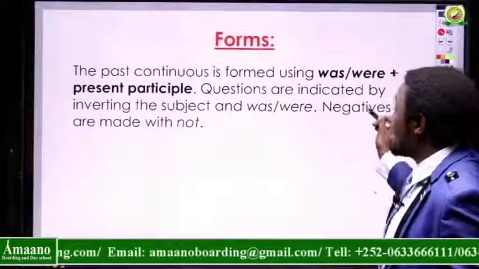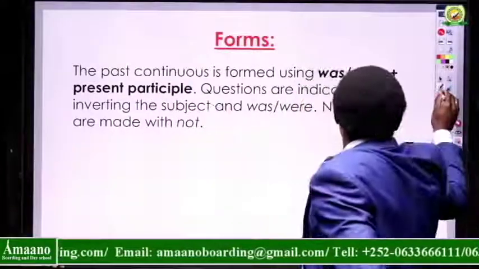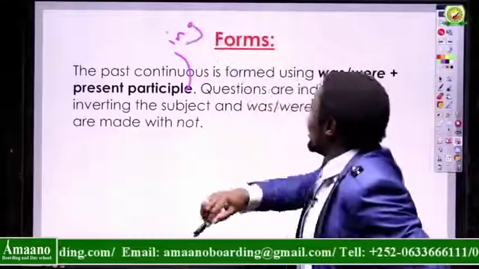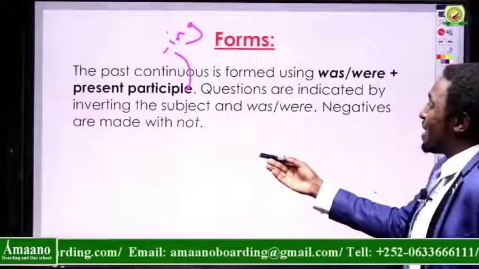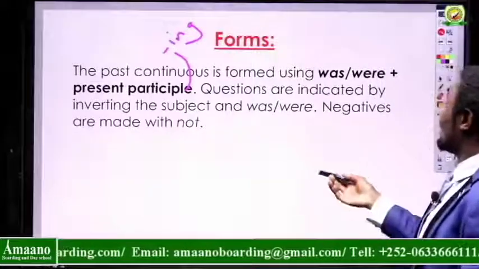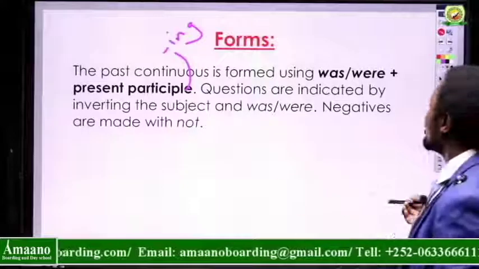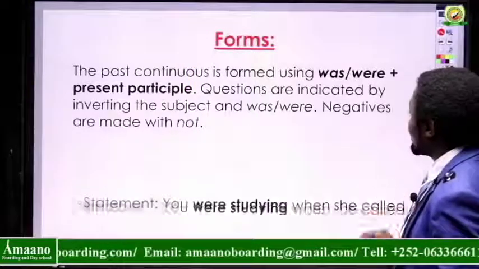Was and were, and a present participle. Present participle is just ing. Questions are indicated by inverting the subject and was, were. Negatives are made with not. All the time, negatives are made with not.